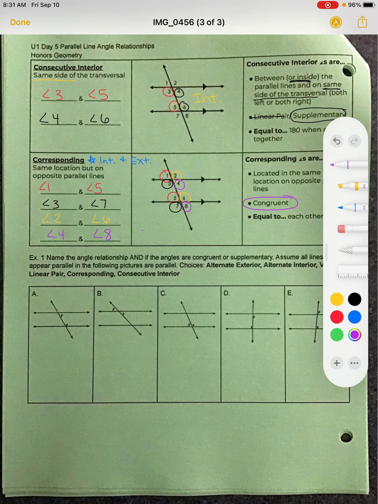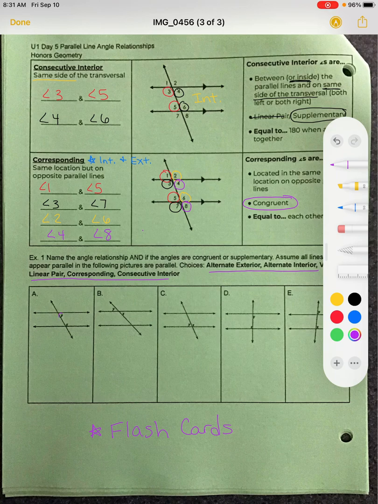So now we're going to take these pictures below, and we're going to see if we can identify whether they are alternate exterior, alternate interior, vertical, linear pair, corresponding, or consecutive interior. This is something that you will probably want to make flashcards for, because there are so many different types of angle relationships.